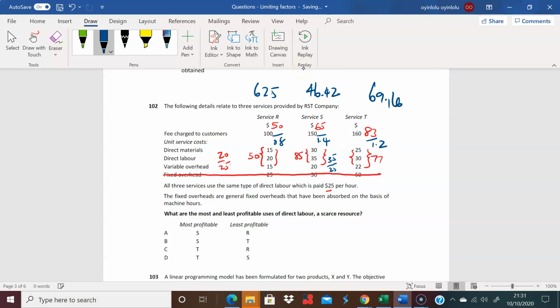So what is the most profitable? It must be T, 69.16, and the least profitable must be S, so T and S.